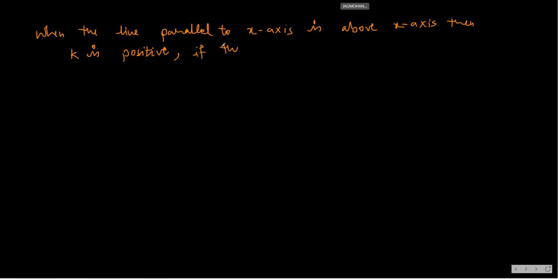If the line is below the x-axis, then k is negative.